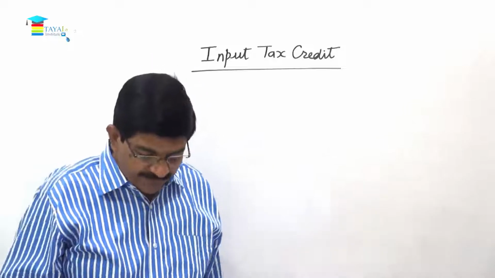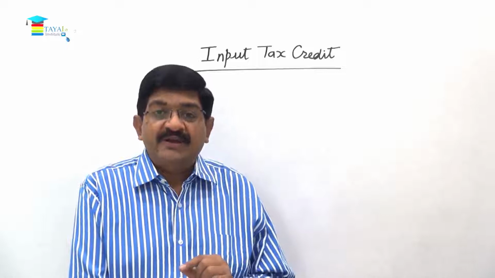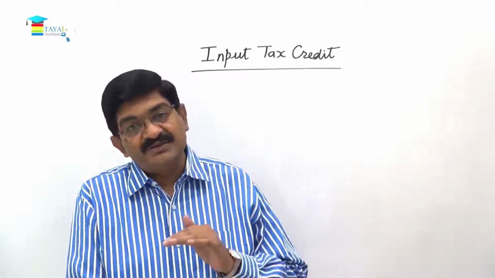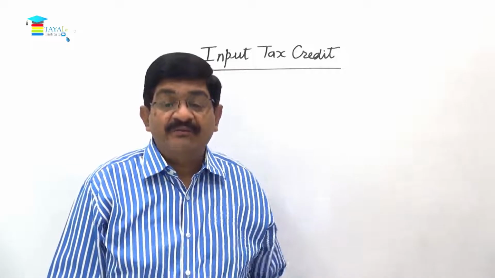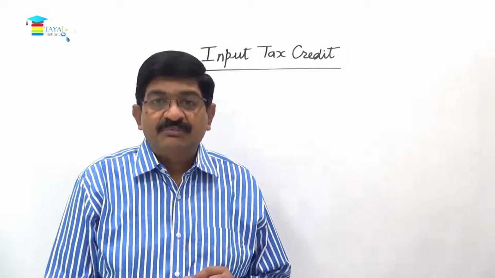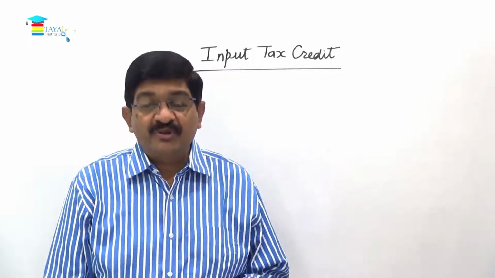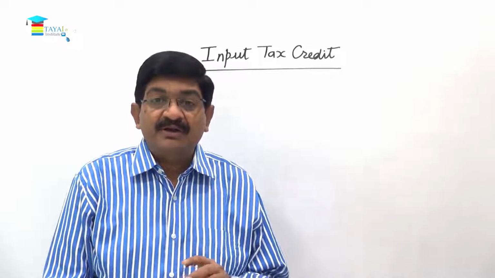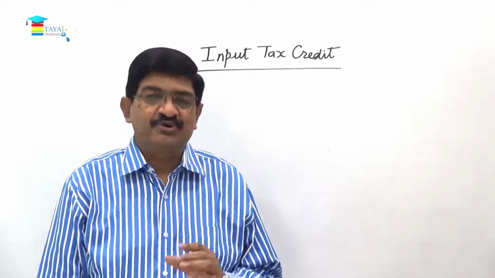So the basic condition is that a person is eligible to avail credit only if he is liable to pay GST. So the question of GST will arise only when he is registered. But after registration also, the person may be under the composition scheme. So during the composition scheme, he is liable to pay but not entitled to avail input credit. That is one exception.